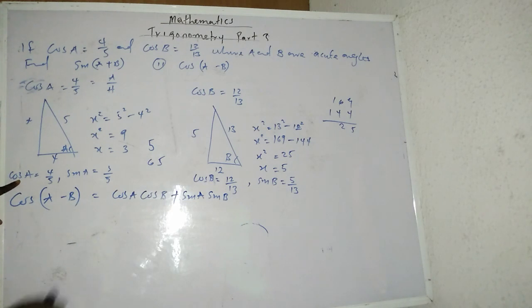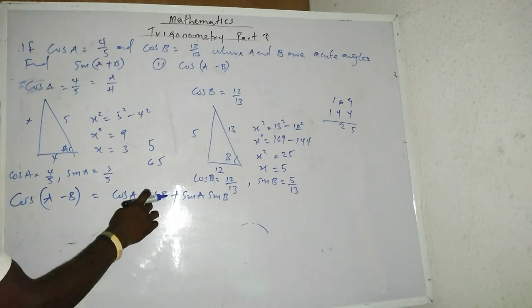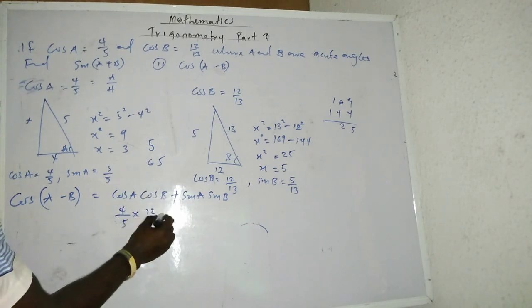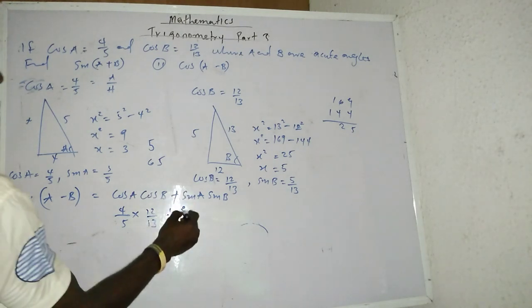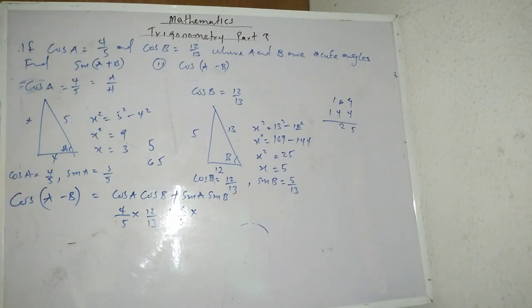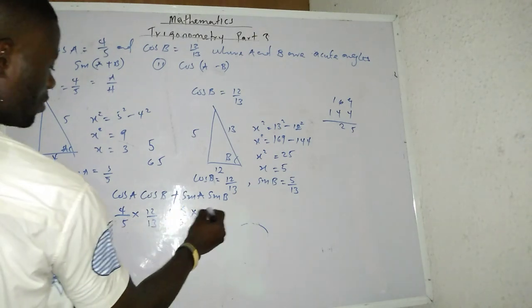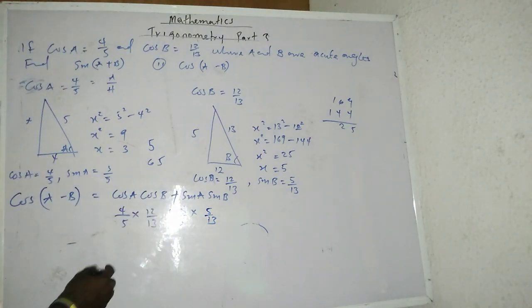My cos A is 4 all over 5 multiplied by cos B, which is 12 all over 13, plus sin A, 3 all over 5, multiplied by sin B, which is 5 all over 13. I have 12 times 4, that'll be 48. Next, that'll be 15.